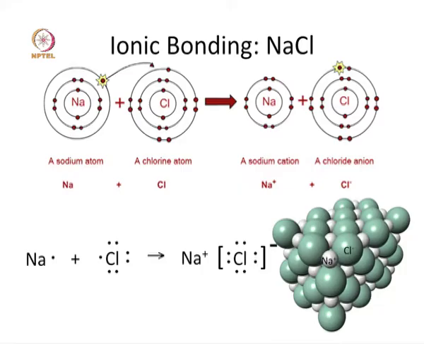So, that is given figuratively at the bottom. We have sodium with a single electron in its outer shell combining with chlorine, which has 7 electrons in its outer shell, to give us sodium chloride, where sodium now exists as a sodium cation, a positively charged ion, and then you have chlorine which is existing as a chloride anion or a negatively charged ion.